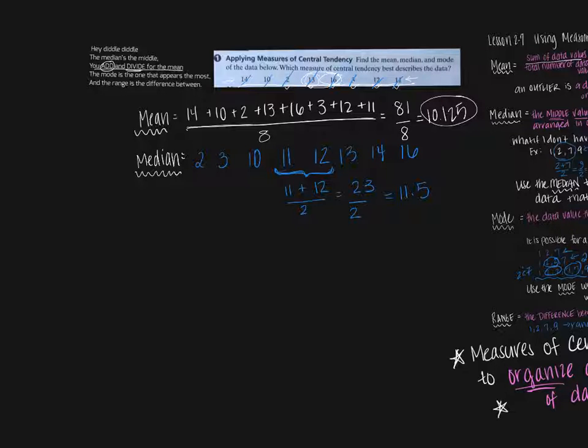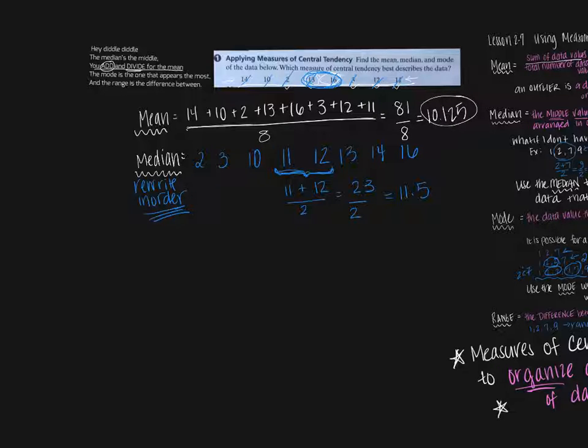Good. Right in between 11 and 12 is 11.5. That is my middle number. Notice that's very different than saying the average of 13 and 16. You have to first rewrite your data. Remember to rewrite in order before you start doing anything else.